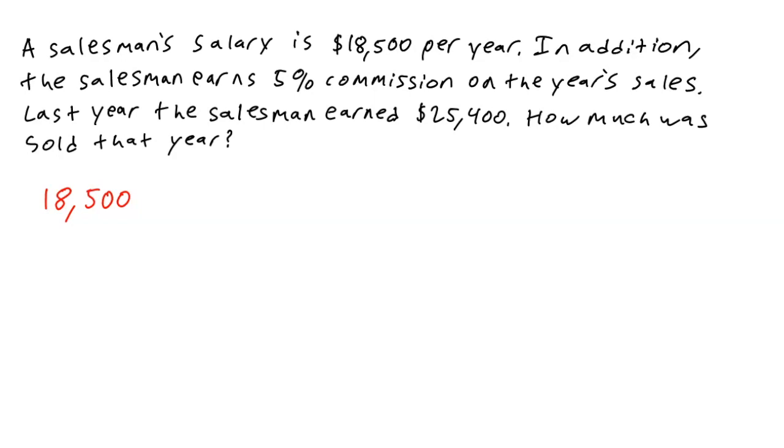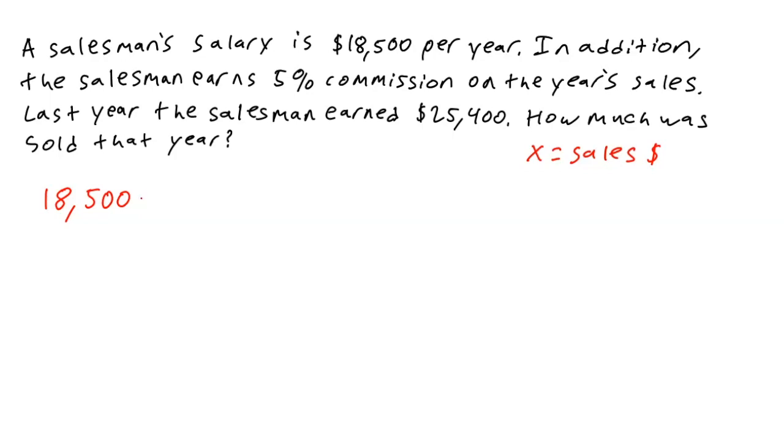Then, 5% commission on the year's sales. So, let's say x is the year's sales, because that's how much we want to know was sold that year. So, sales. Money, specifically. Okay? So it's 5% on the sales. So 5% times the sales, essentially.